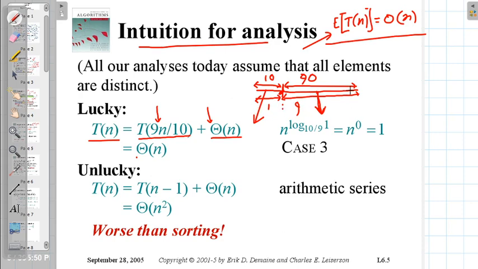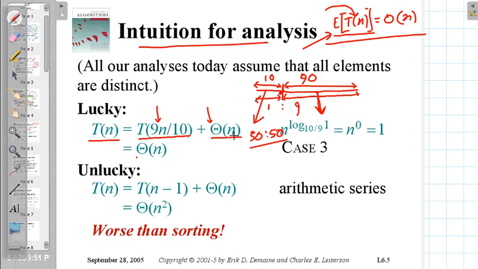In some iteration it might be 1:9, in some iteration it might be a 50-50 division, and in other cases some other partitions might occur. So we have to take the expected running time over all the iterations, or all the possibilities involved.